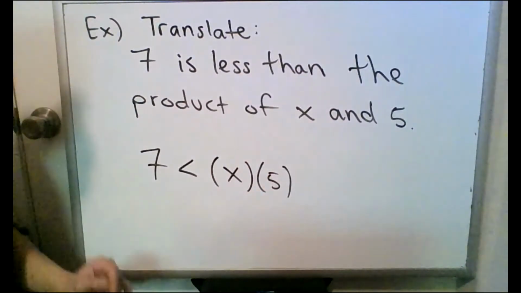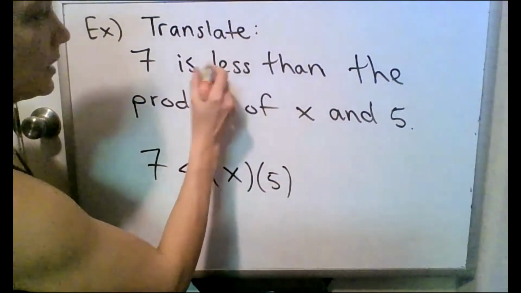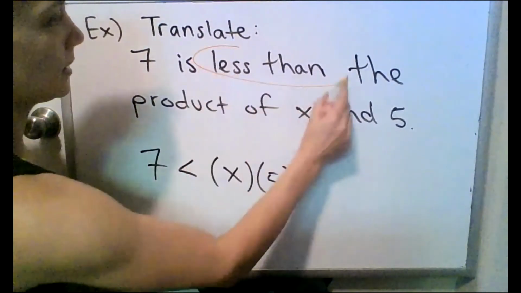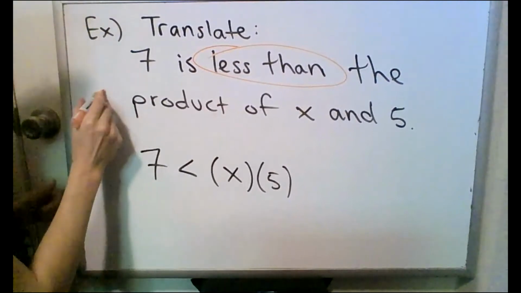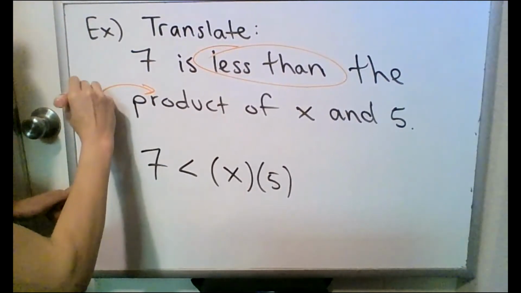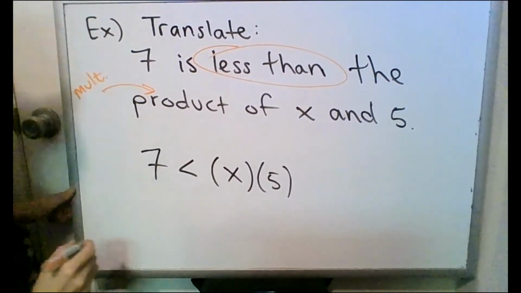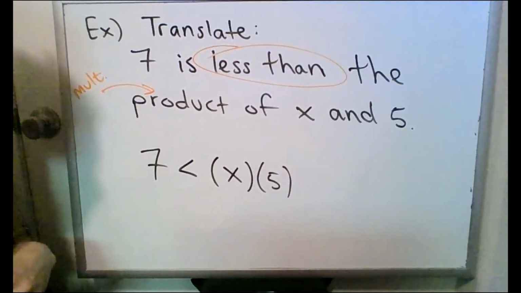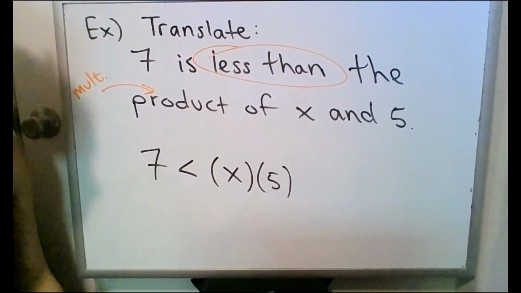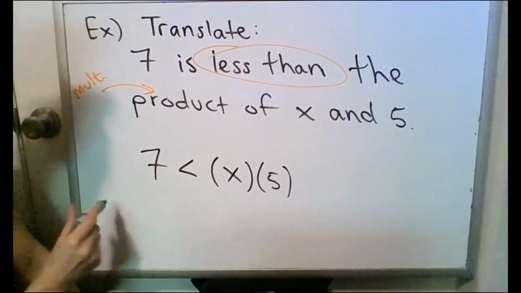Let's go back there and just make sure that we know that this is that less than symbol. And for product, it means multiply. X with 5. Cool. Again, we're just going to translate it.